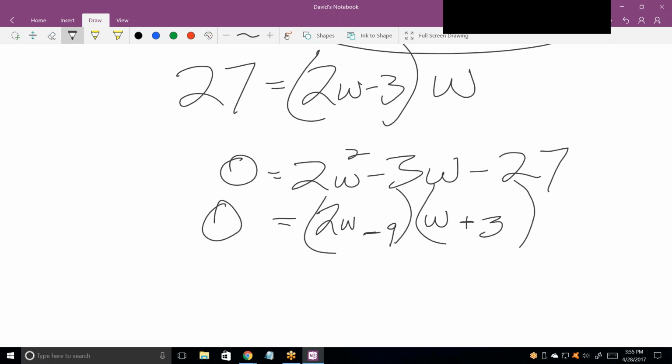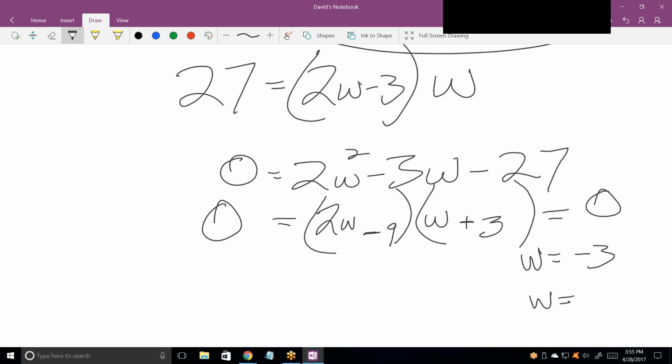Okay? So now that I've factored it correctly, and I want to set that equal to 0, what are the answers? What's W equal to? W is equal to -3. Okay, that's 1W.